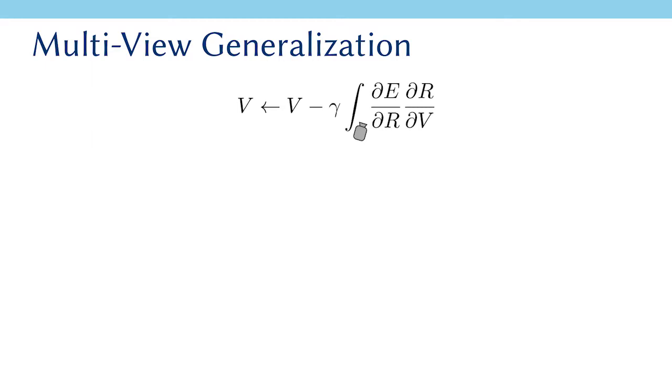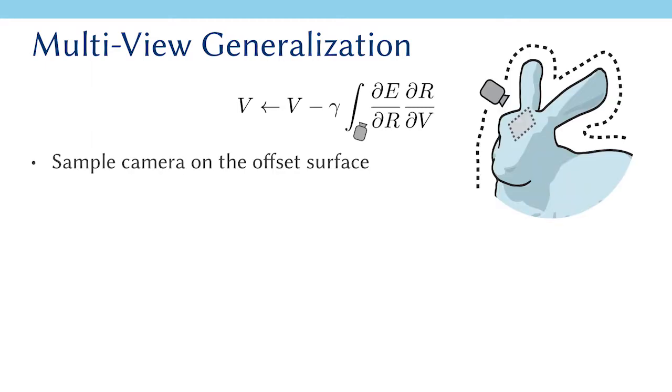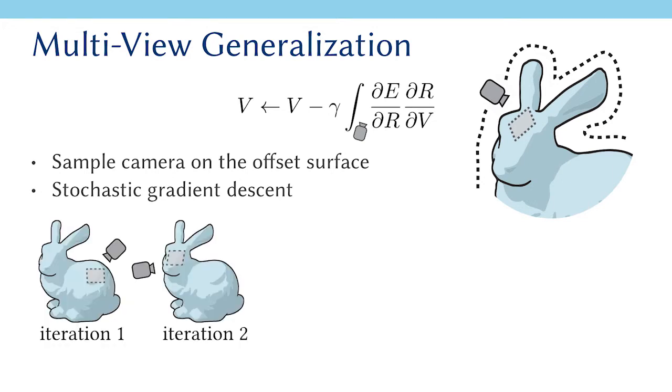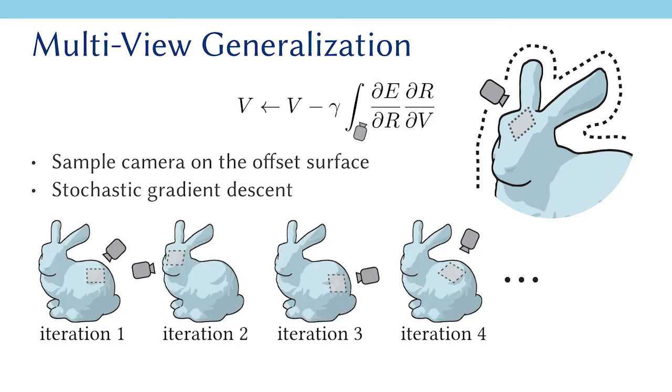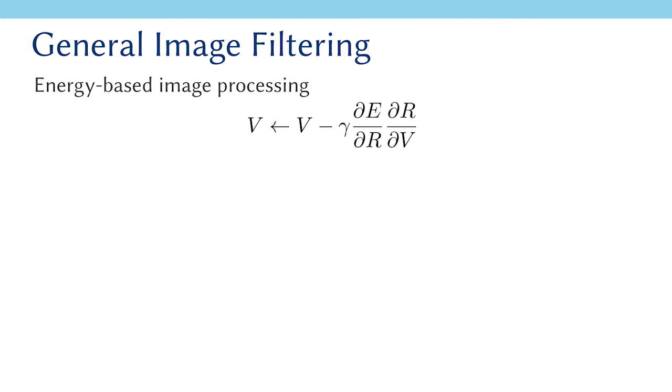The multi-view gradient is the integral of single-view gradient, where the views are uniformly sampled from the offset surface. Because accumulating the gradient from all the possible views is expensive, we perform stochastic gradient descent as an efficient Monte Carlo approximation. So far, we have discussed how to generalize energy-based image processing to 3D through a differentiable renderer.